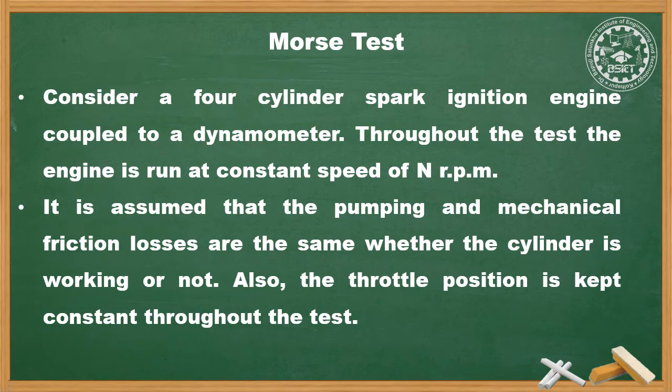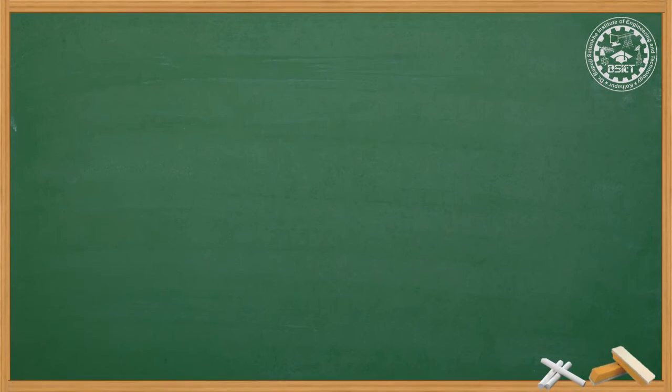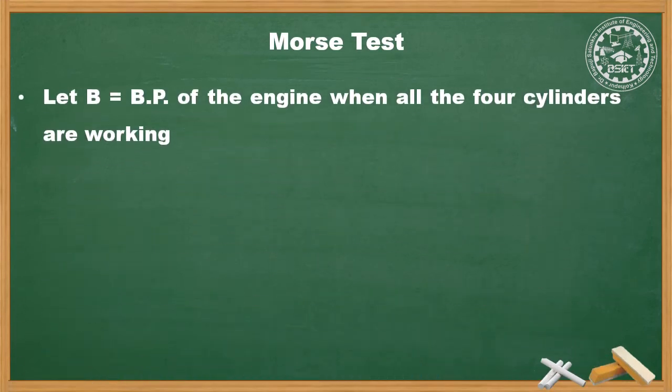When all cylinders are working, the brake power can be measured with the help of the dynamometer and the speed with the help of the tachometer. Let B be the brake power of the engine when all 4 cylinders are working.